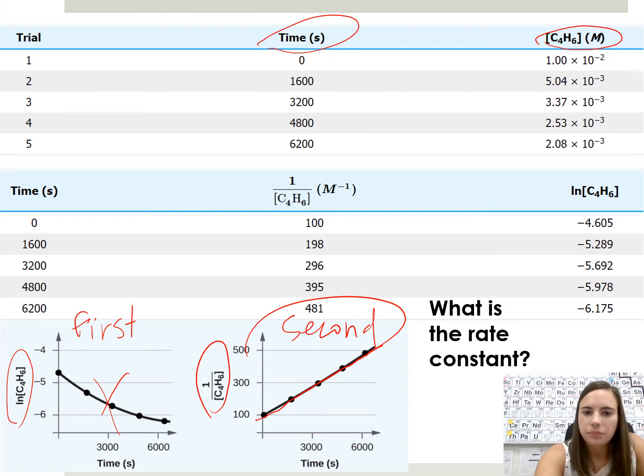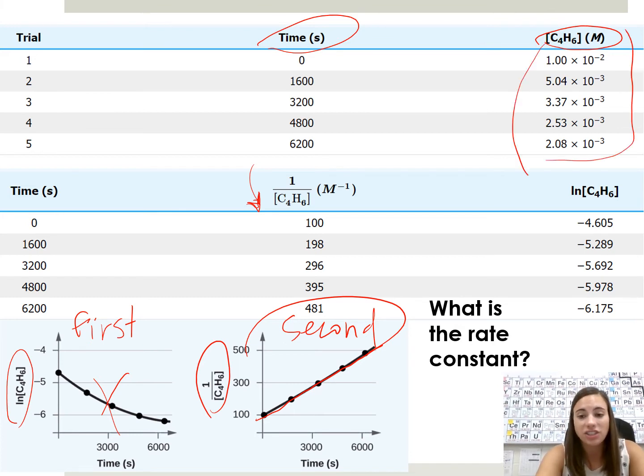So I'm going to do my last 2 points. Remember, my second order is the graph, so I'm finding the slope for this graph, so I have to do the 1 over. Now, this data was really nice because it gave me the values of the inverse, but sometimes they might not, and so you might have to take the concentration data and calculate the inverse for each of your points.